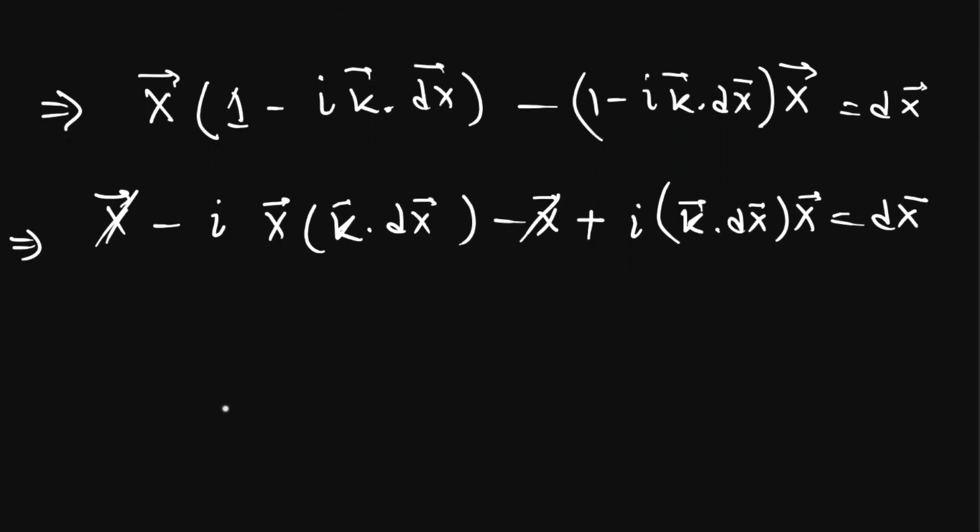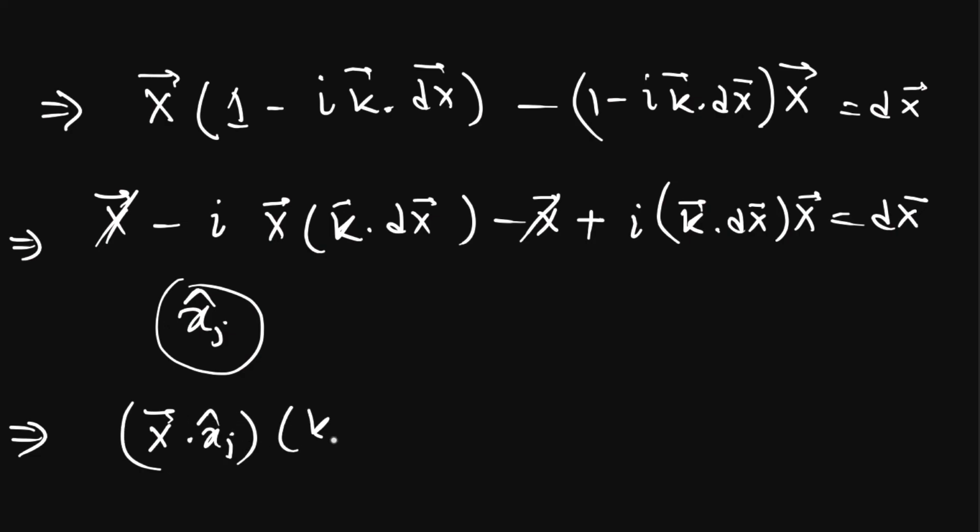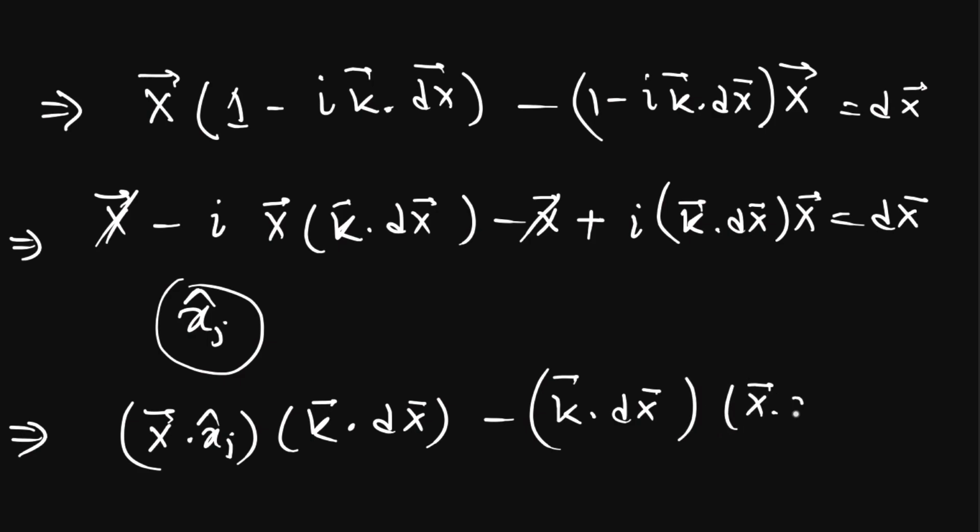Now if we multiply both sides of the equation by x cap, the unit vector along the x direction, we will get x dot x_a into k dot dx minus k dot dx into x dot x_a equals dx dot x_a cap.